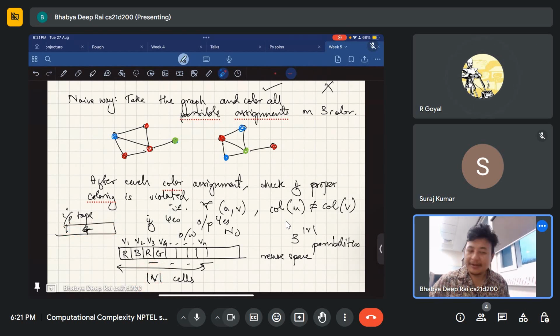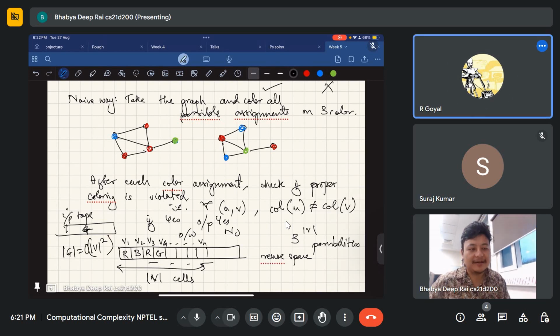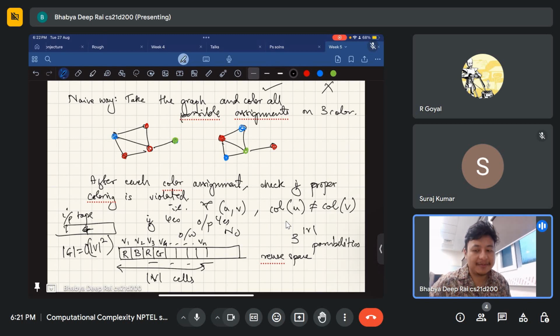Because the graph is represented as an adjacency list, it takes almost n square, order n square space. The size of vertex square. So size of G is at most order V square. So G is already greater than size of V, the number of vertices, which is the input itself.